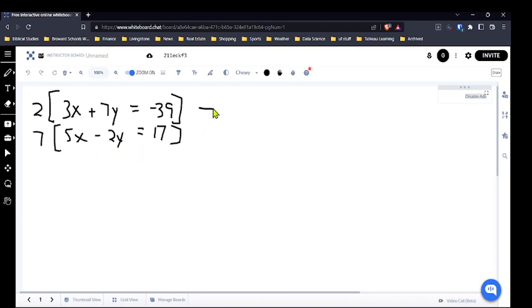So what I'm going to do is now do that multiplication and rewrite everything. So 2 times 3x is going to be 6x, and of course that's going to be plus 14y. And I know that because I strategically chose that number to multiply by.